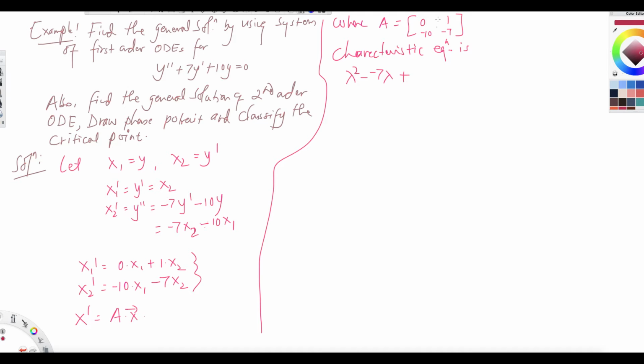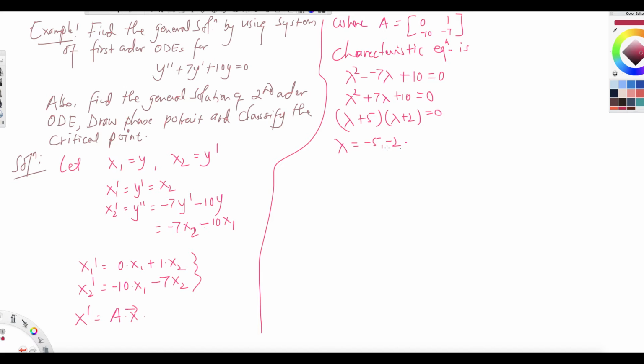And then plus the determinant, which will be 0 times negative 7 is 0, minus negative 10 times 1, so that will be 10, equals 0. See that? So basically let me simplify this. Lambda squared plus 7 lambda plus 10 equals 0. So you can write lambda plus 5 and then lambda plus 2 equals 0. So lambda equals negative 5 and negative 2. Okay, that's what you get.